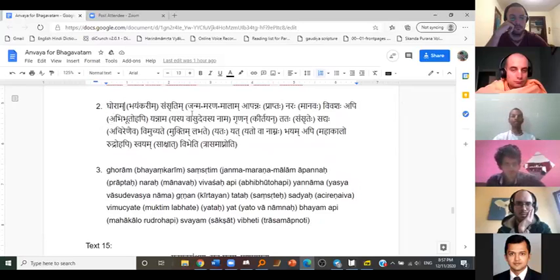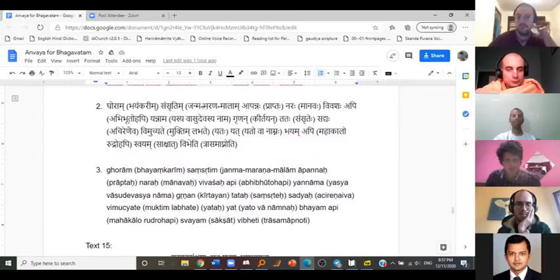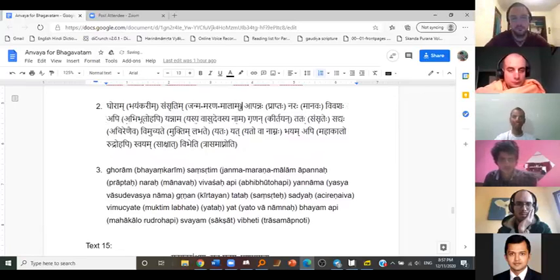Ghoram is an adjective for samsritim, and samsritim means janma marana mala. Quite interesting, huh? It's not pushpa mala here. It's not tulsi mala. For the first time I'm noticing this, the way it's put here, it's a janma marana mala. And that janma marana mala is ghoram, bhayankarim.